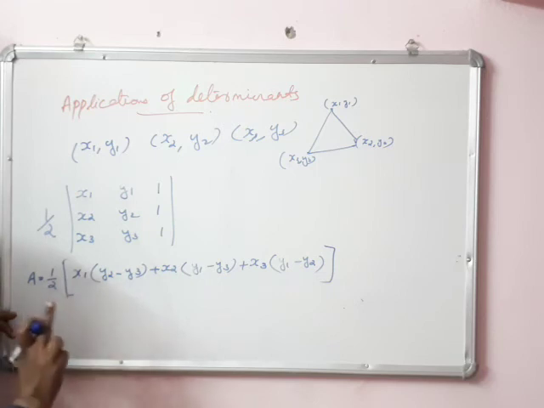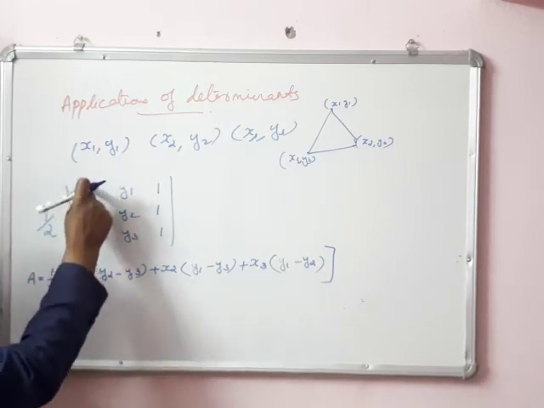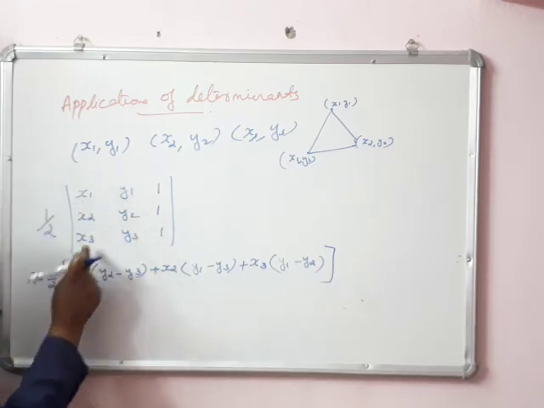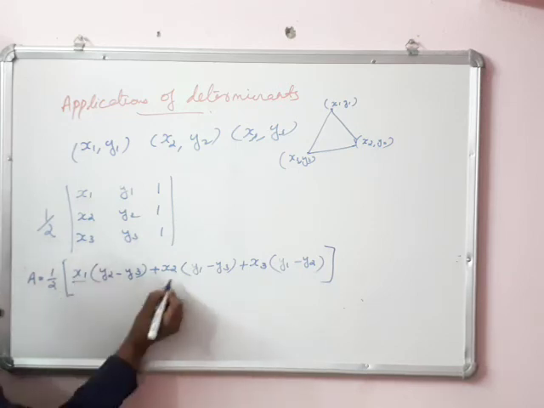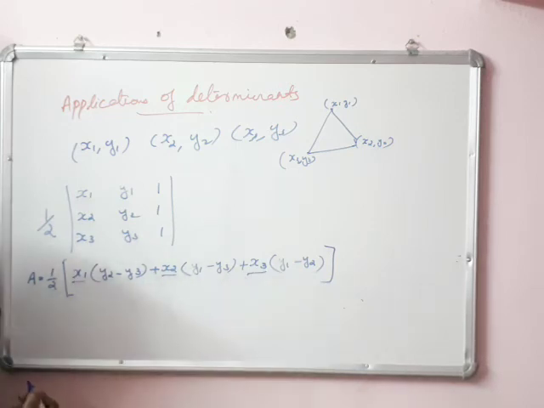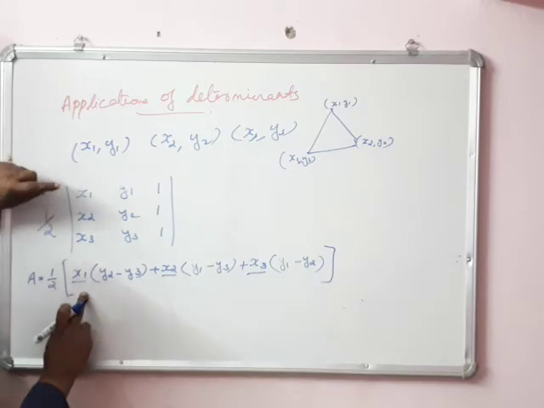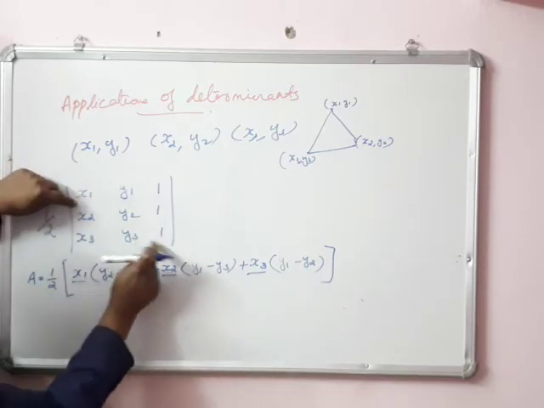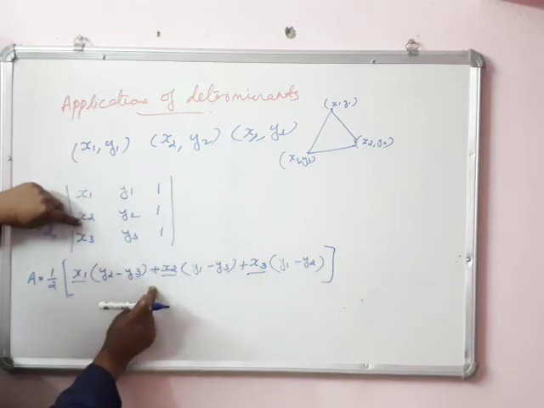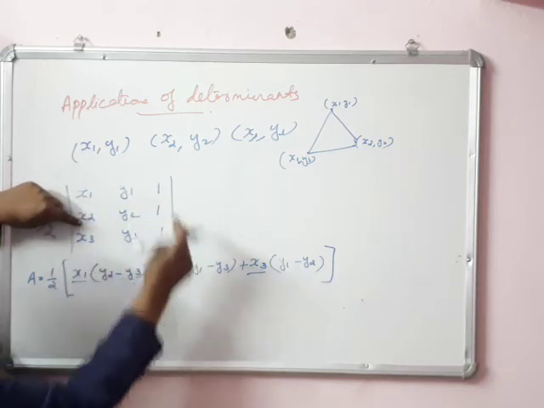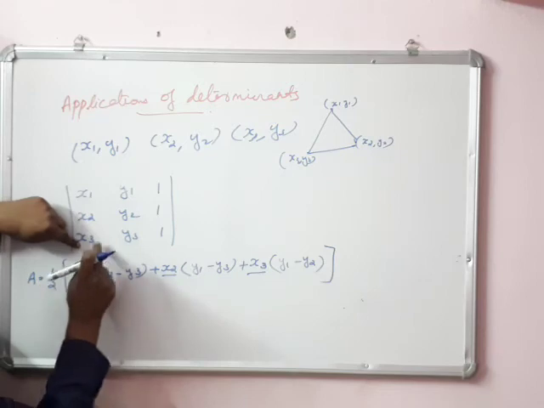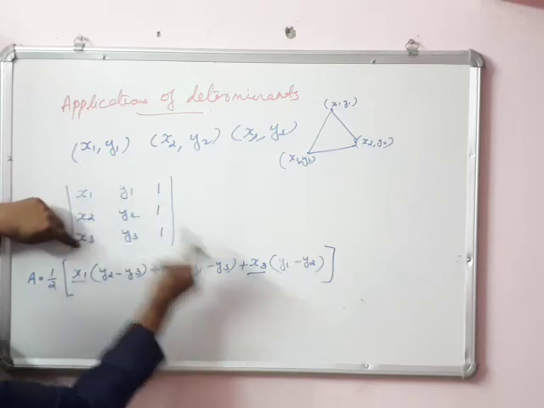Here you see one thing, you are going to consider the first column, x1 x2 x3. If you consider the first column, it is x1 into y2 minus y3 plus x2 into y1 minus y3 plus x3 into y1 minus y2.